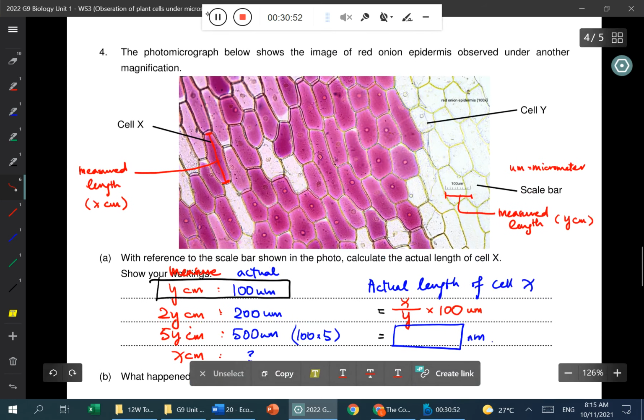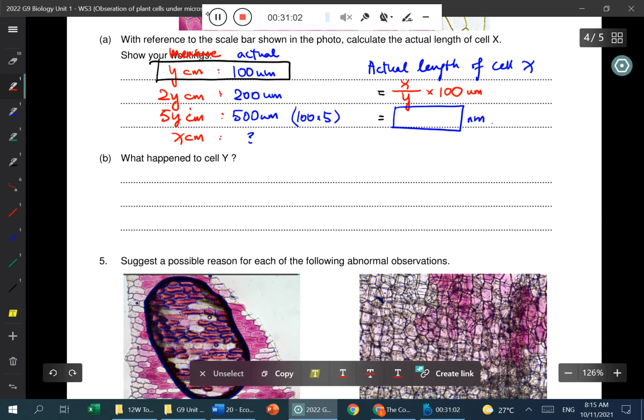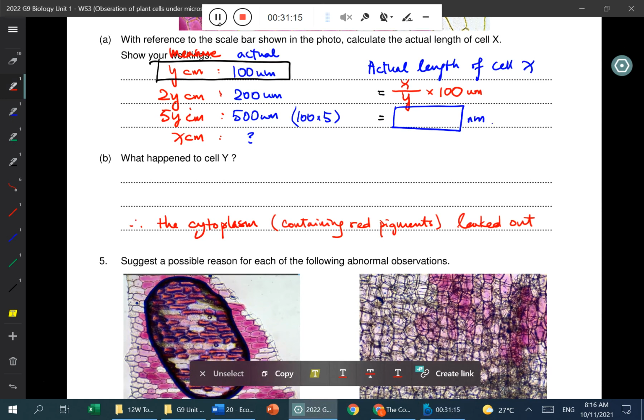So therefore, the cell Y here and all the colorless cells here, they are not naturally colorless. You can imagine that all the cytoplasm that contains the red pigment leaks out.